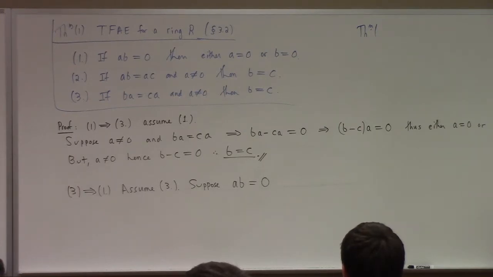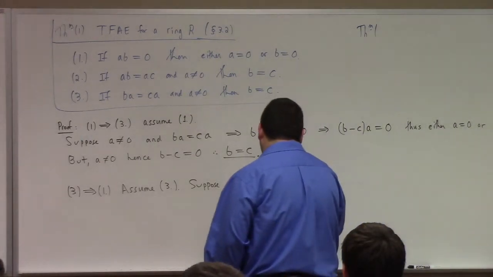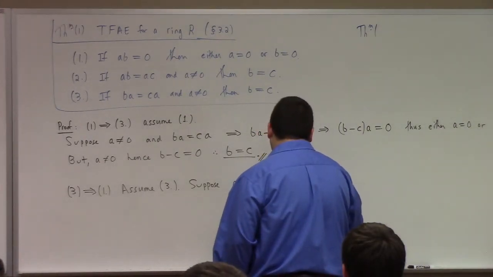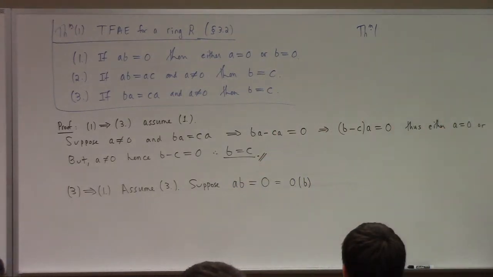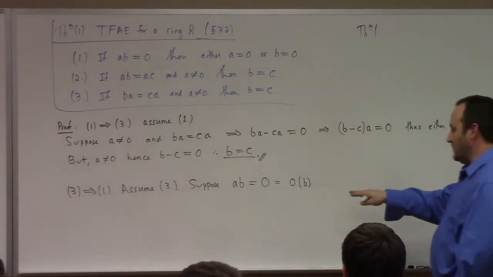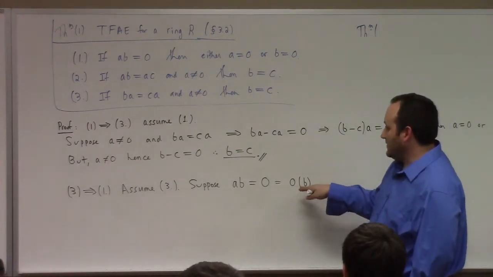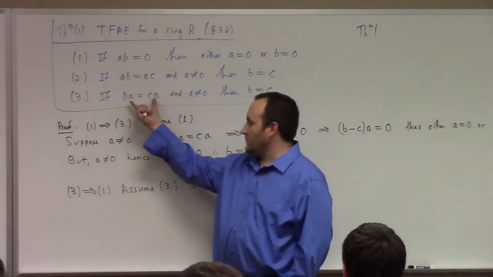So you write 0 as 0 times B. You had 2 choices, 0 times B or B times 0, or A times 0. But is that the right one? The reason Sam wrote that is because he wants to use 3, which allows us to cancel things on the right.